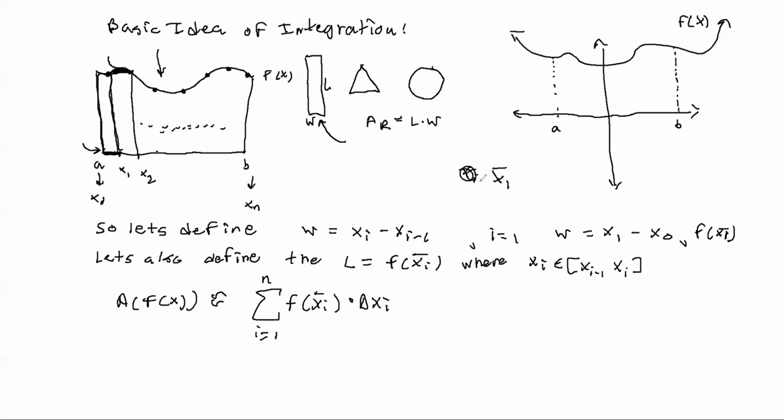If I were to have the interval x sub 0, x sub 1, x sub 0 would be less than or equal to x sub 1 bar, which would be less than or equal to x sub 1. The change between the height of those points would be very little, so that it wouldn't matter. We could obtain an exact area under the curve.